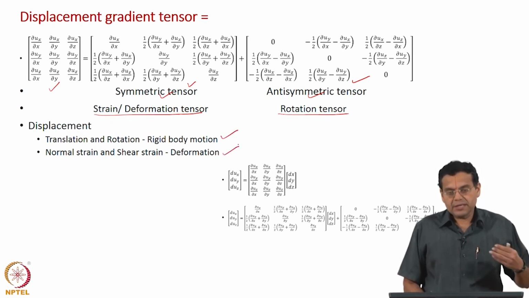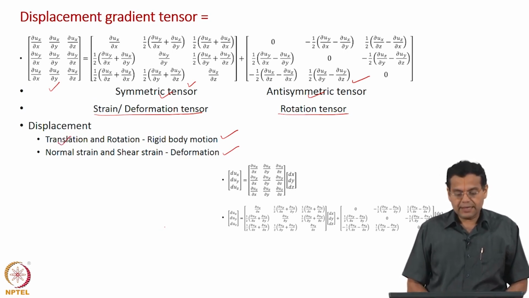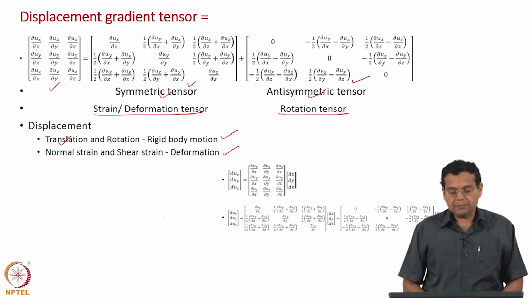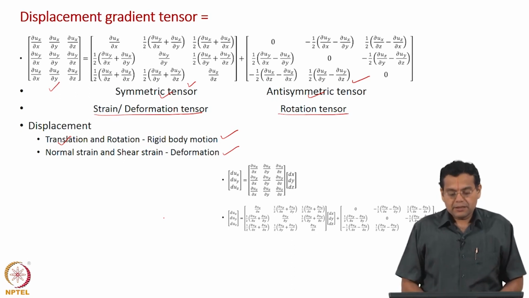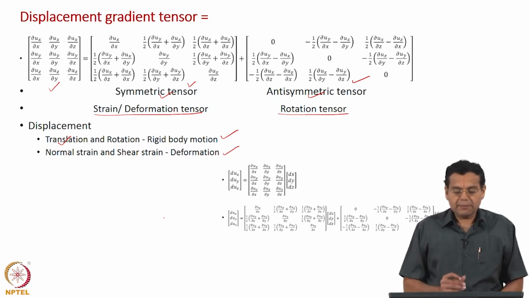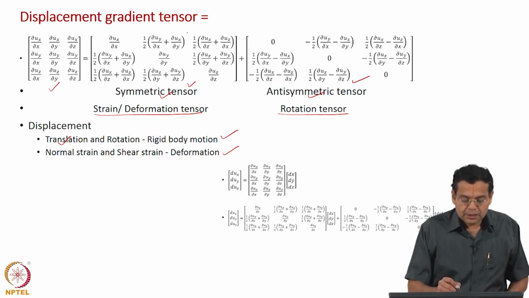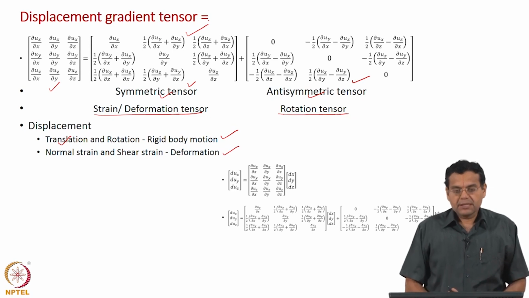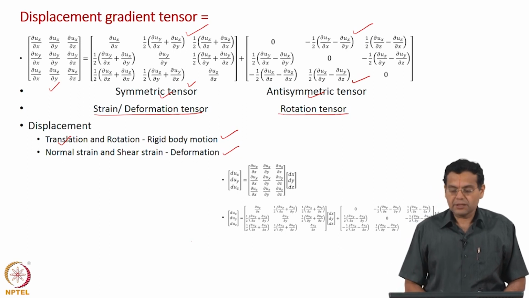We looked at difference in displacement, so that translation is taken care of. To remove the rotation part, we considered each of the components separately, namely normal strain, shear strain, rotation separately, included the normal strain and shear strain into the strain tensor, and so the other tensor just represents the rotation component.